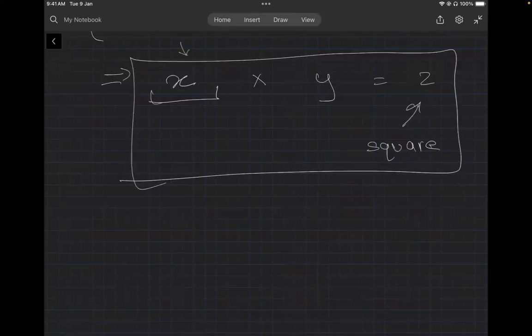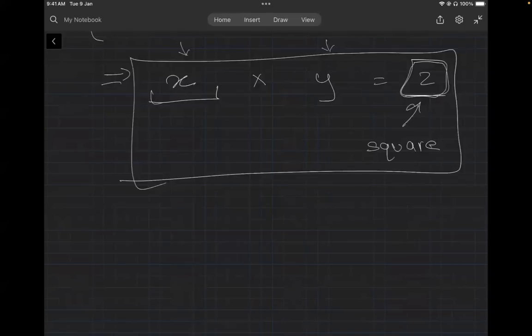Because if each prime occurs an even number of times in this and each prime occurs an even number of times in this, then each prime will occur an even number of times in this as well. If you take two square numbers and you multiply them, it will give you a square number. Does it make sense, guys? Tell me, guys, does it make sense?